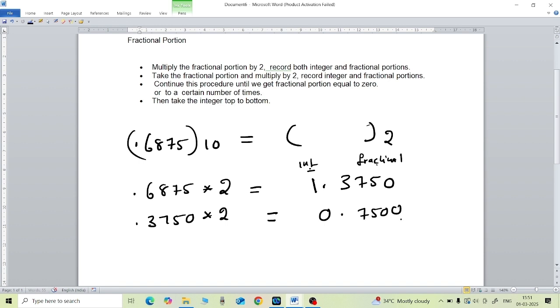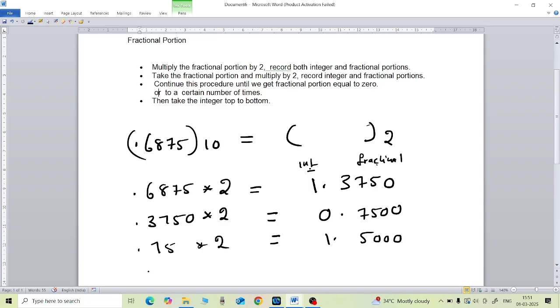The fractional portion is 0.75. Take that into 2, so we'll be getting 1.5. You can extend the number to any number of positions by appending zeros, which does not make any change in the value.